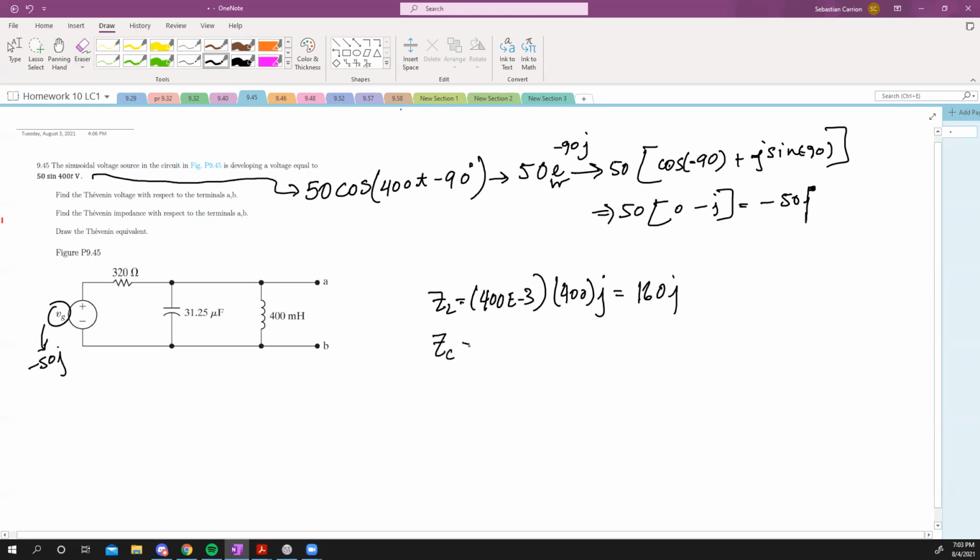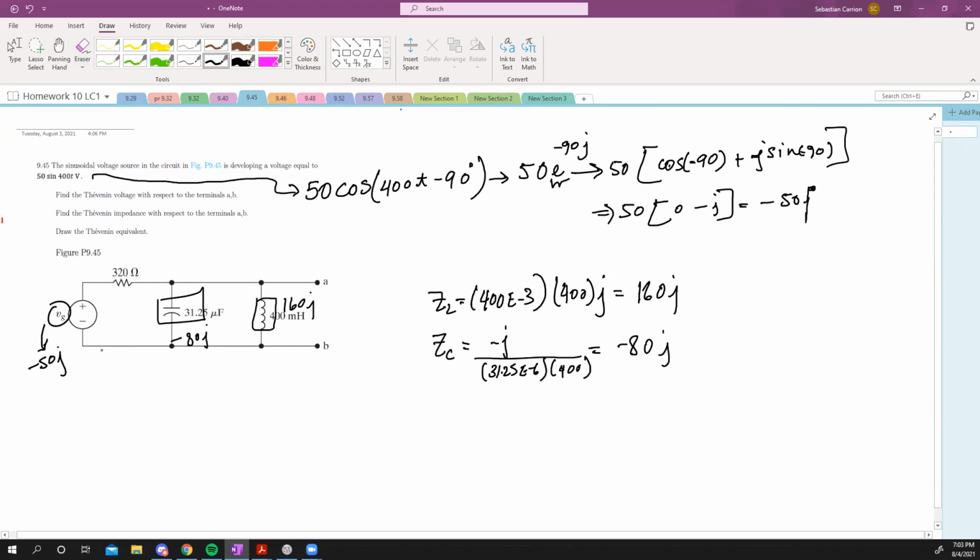And the impedance for the capacitor, we have negative j over 31.25 times 10 to the negative 6 times 400, and that results in negative 80j. So you got negative 80j, and then we get 160j. All right.